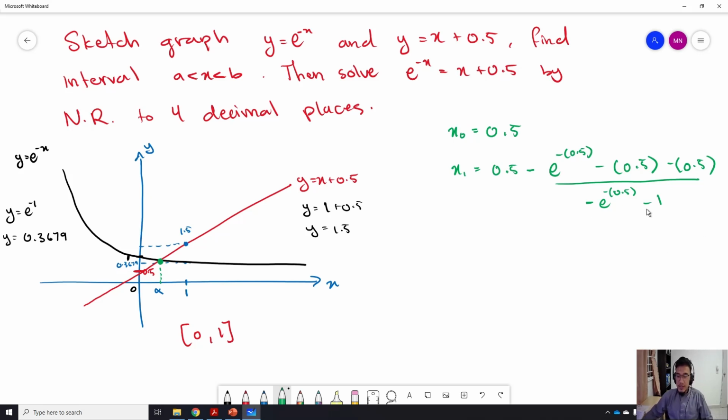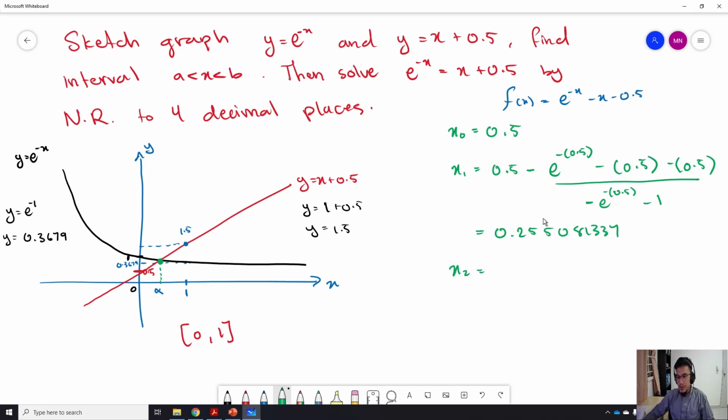The denominator is the derivative of the function. I forgot to mention the function: f(x) equals e to the power of negative x minus x minus 0.5. By calculator, you get the value of x1 equal to 0.255081337.